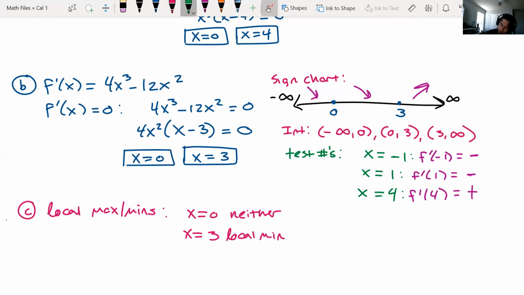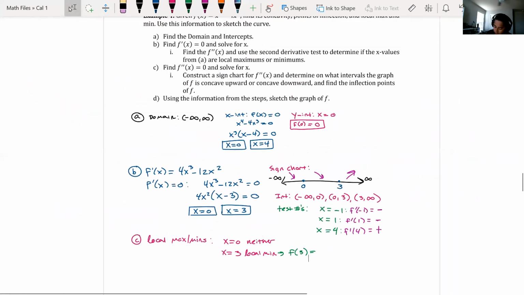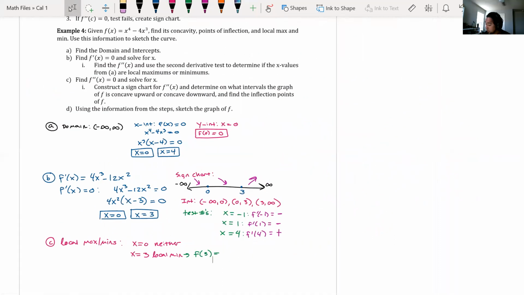Let's find the location of that local minimum. So we plug it into the original function. That's 3 to the 4th, which is 81, minus 4 times 3 cubed.